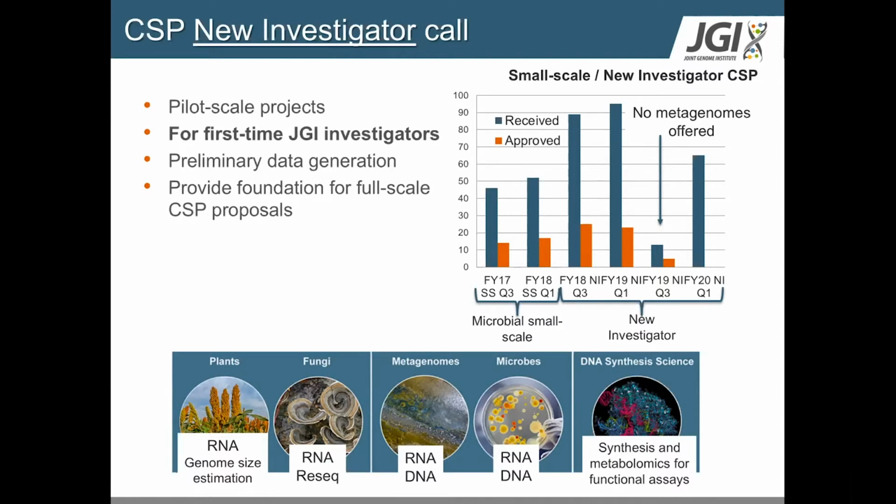It allows you to develop a pilot project, and then you can use that information to submit for a large-scale CSP. However, unlike the large-scale CSP, not all of the products are available under the new investigator call. It's limited to the subset that I've shown before. So it still allows you to do the metagenomics, the metatranscriptomics, both for isolates and for microbiomes, and also the DNA synthesis and metabolomics product line is offered through the new investigator call.